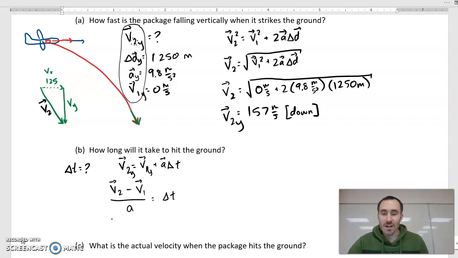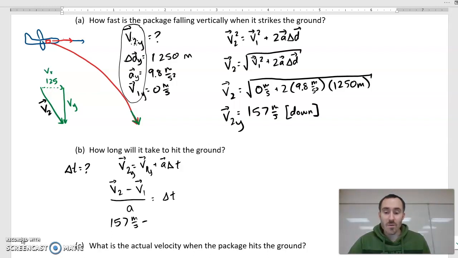So v2 is 157 meters per second, and v1 is 0. And this is where a lot of people get things mixed together, because it tells us that our initial velocity was 125 meters per second, I think it was, horizontally, but we're not doing anything horizontally right now. We're only dealing with vertical stuff.